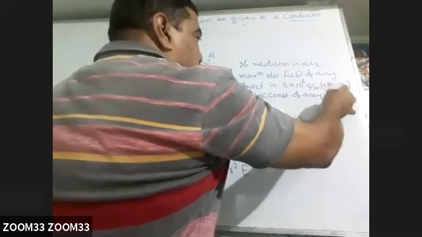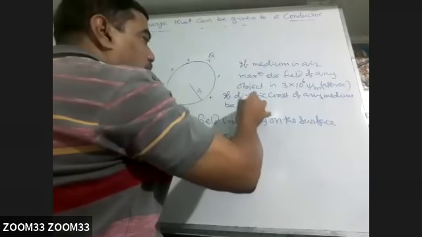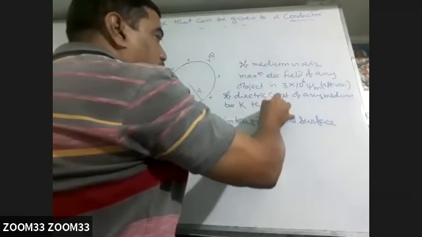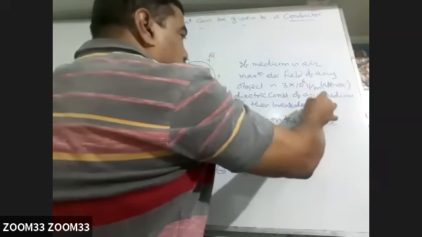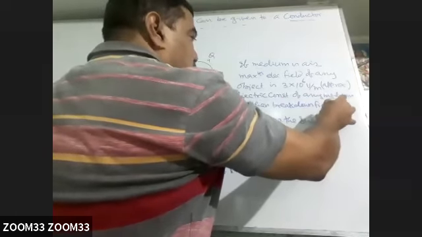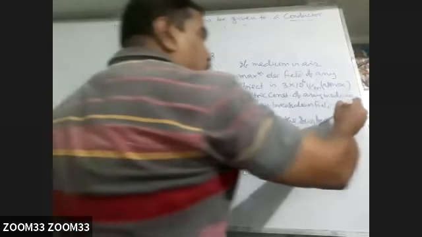In any medium with dielectric constant K, the breakdown field will be K times this value, 3 into 10 power 6.